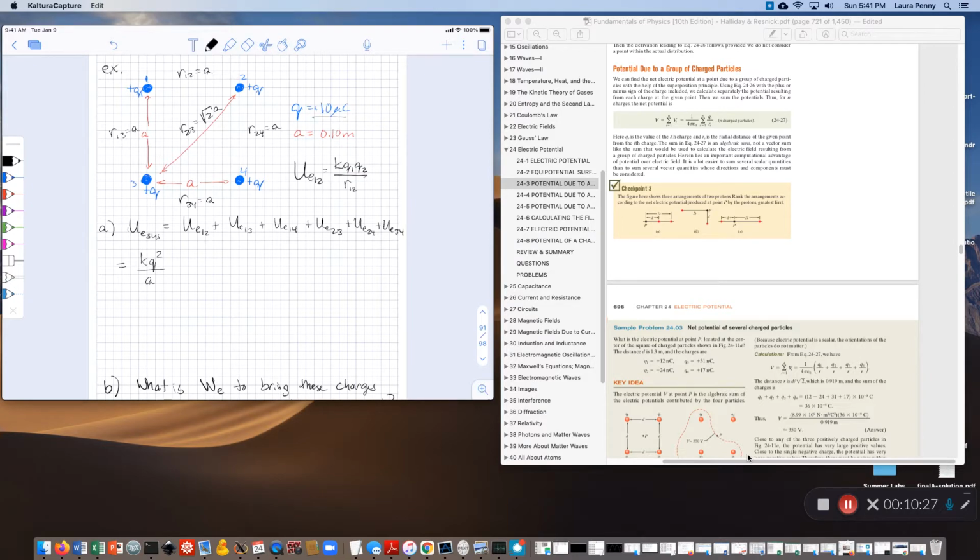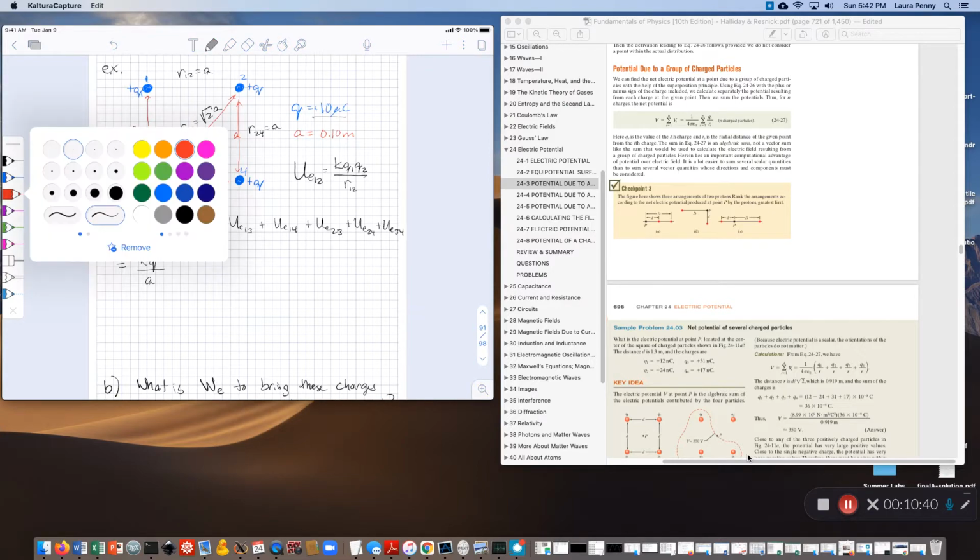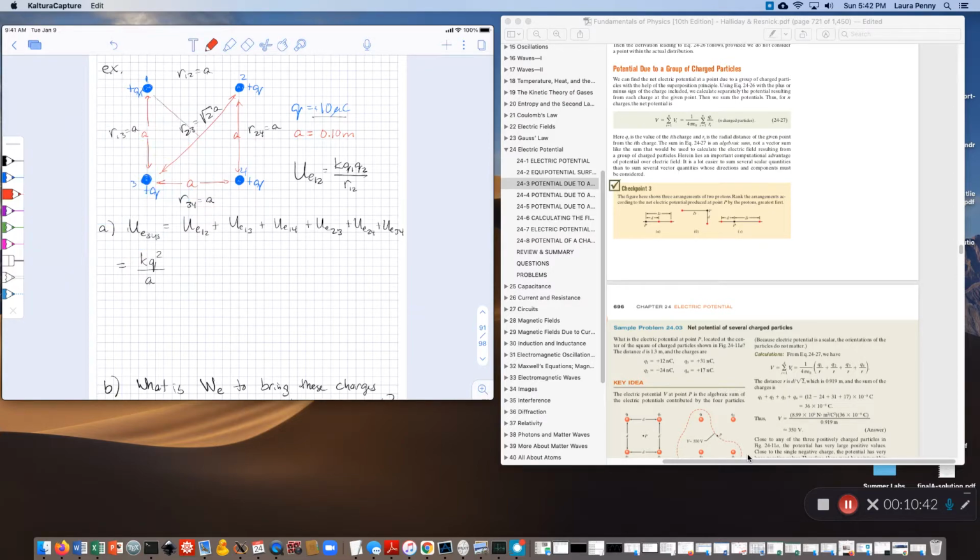It's the hypotenuse of a triangle that has a on both sides. And the same with R14. R14 is also the square root of 2 times a. So they're all going to have an a in the bottom. Some of them might have a square root of 2 in the bottom as well.